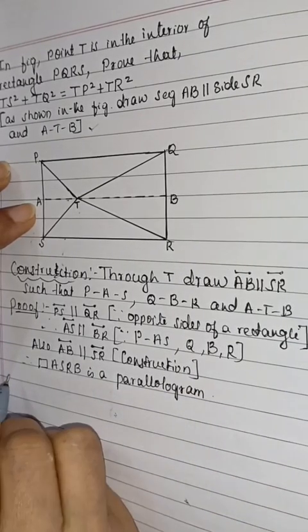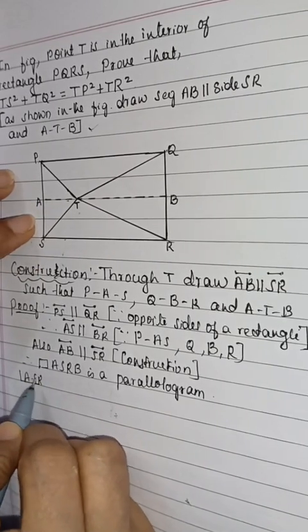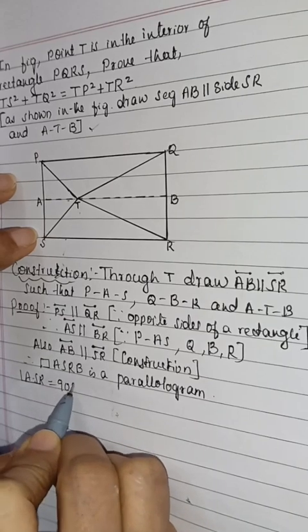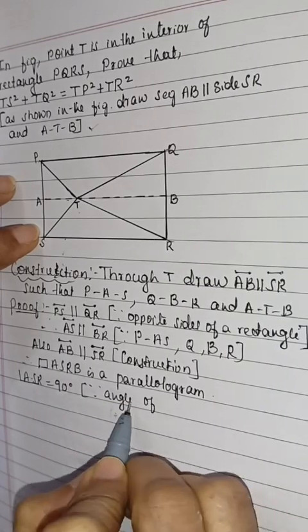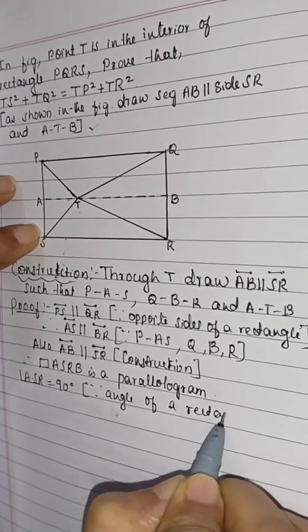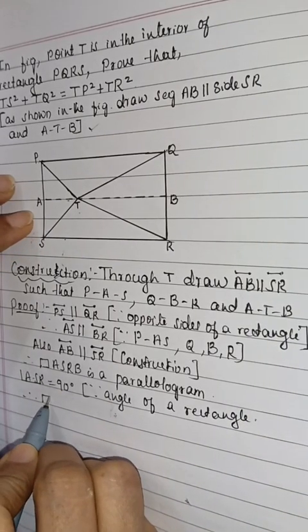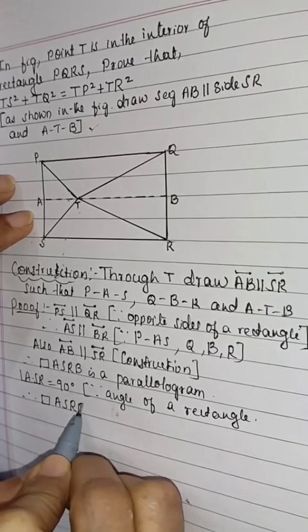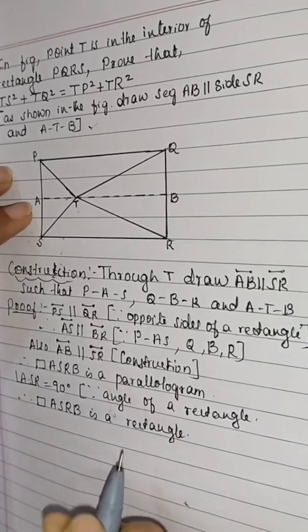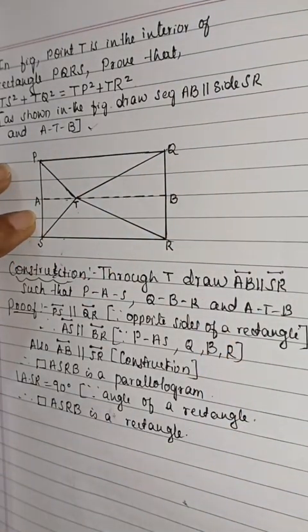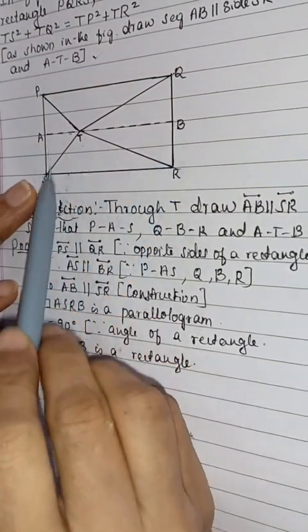Angle ASR is 90 degrees because it is an angle of a rectangle. Therefore ASRB is a rectangle.